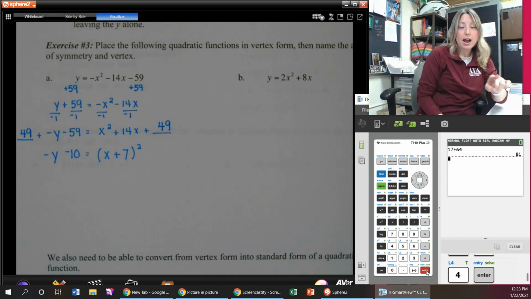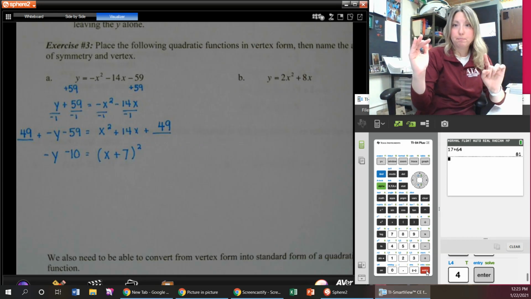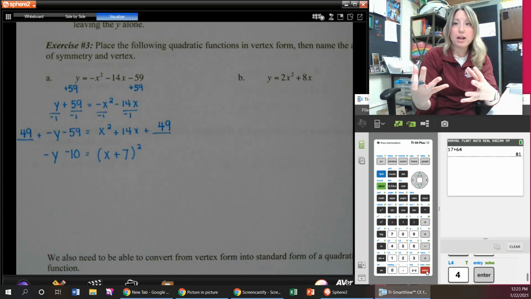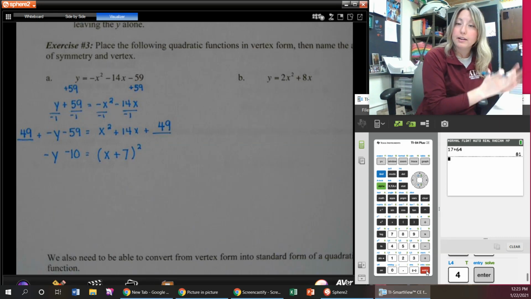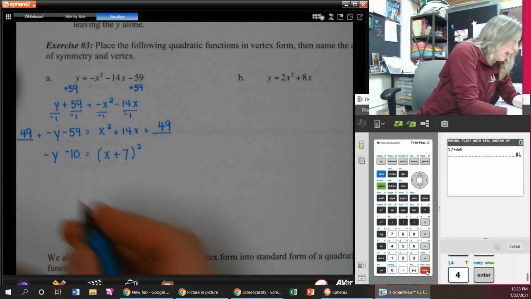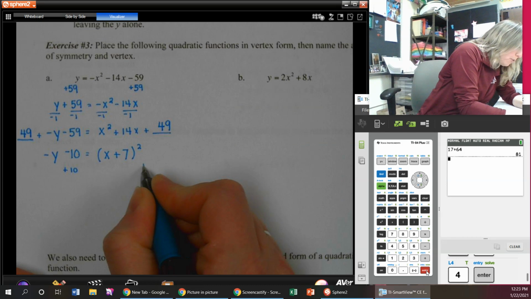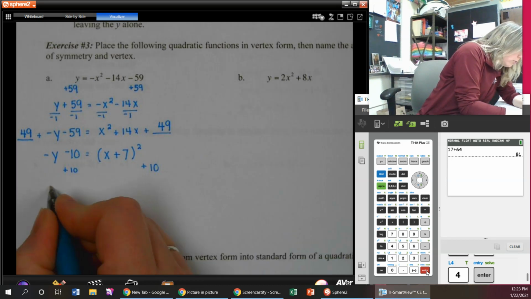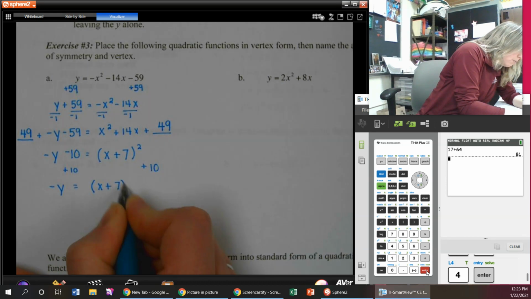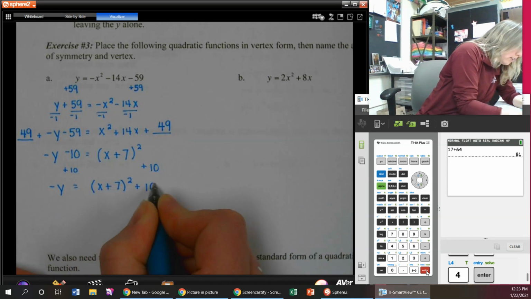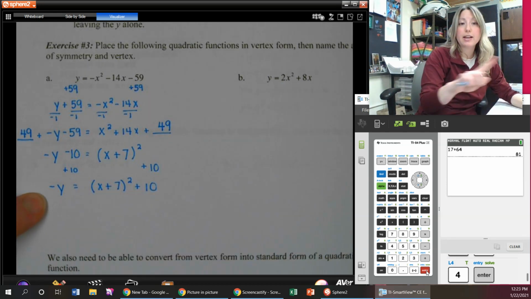Okay, now we're going to slowly move things back. Now that I've got my binomial squared, I move things back to get only a y on the left. So I'll start with adding 10 to both sides and put that at the back behind the binomial. So negative y equals x plus 7 in parentheses squared, so plus 10 at the end. And then, of course, the negative has to go back.